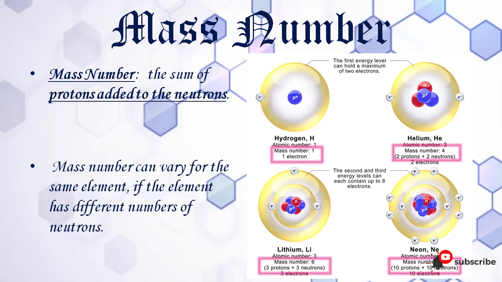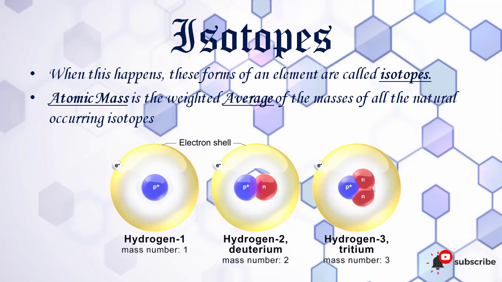If that happens, we call these different atoms isotopes. इसका मतलब ये है कि same elements के अंदर ही number of neutrons अगर different हो गए while number of protons remain same, तो ऐसे elements को हम या ऐसे atoms को हम isotopes कहते हैं, which are having same proton, that is same atomic number but different number of neutrons. That is why they have different mass numbers, and that is why they are the same element but different isotopes. So the atomic mass is the weighted average of the masses of all the naturally occurring isotopes.